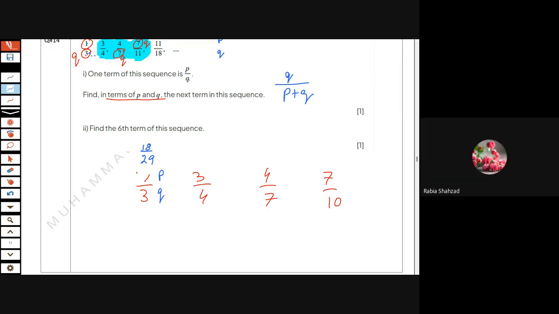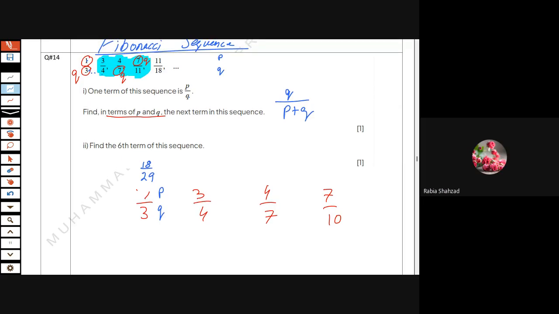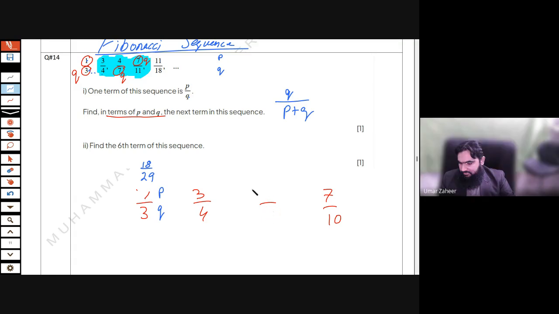Sir, it's 7 over 11. Okay, I wrote 7 over 10. 3 over 4, 4 over 7, and 7 over 11. Okay, let's say it is p over q, right?